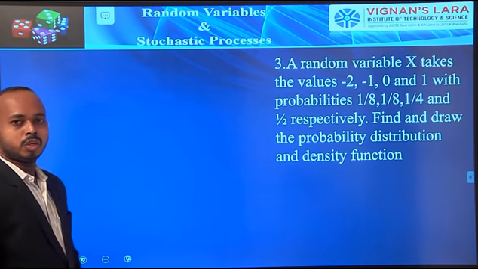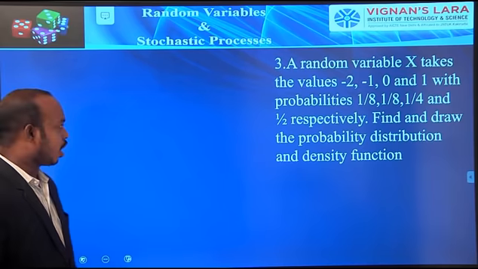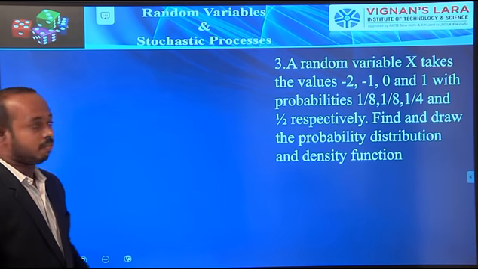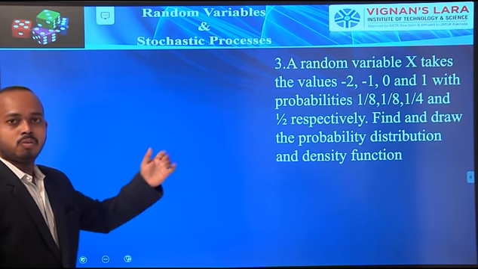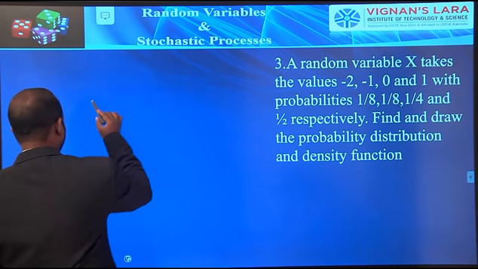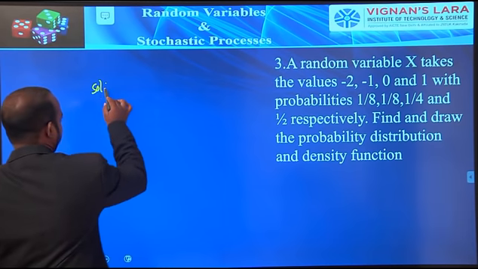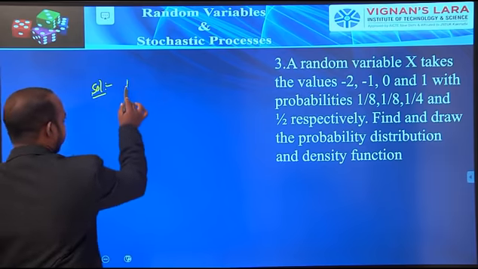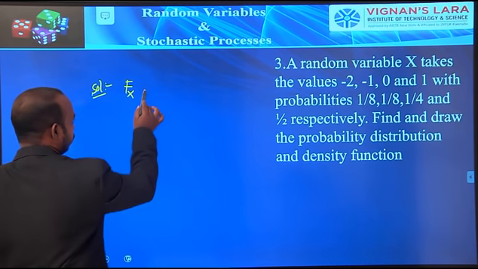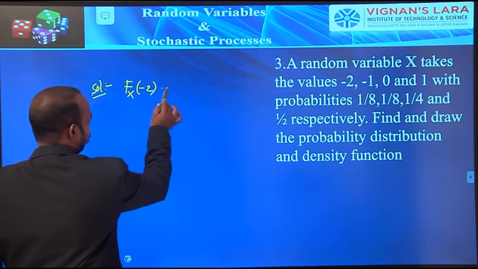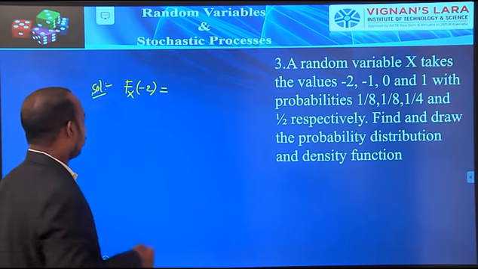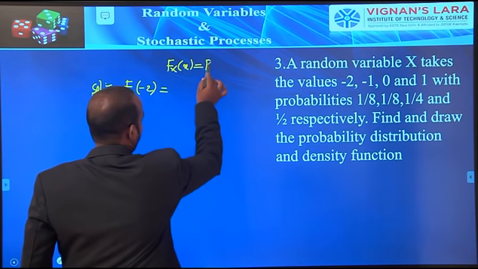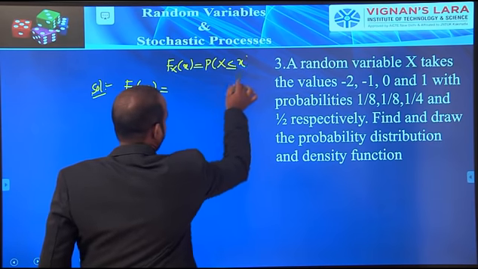You need to find the distribution values at -2, -1, 0 and 1. First I am finding the distribution at -2, FX of -2. Directly I am writing that, because we already know the formula: FX of x is equal to the probability of capital X less than or equal to small x.